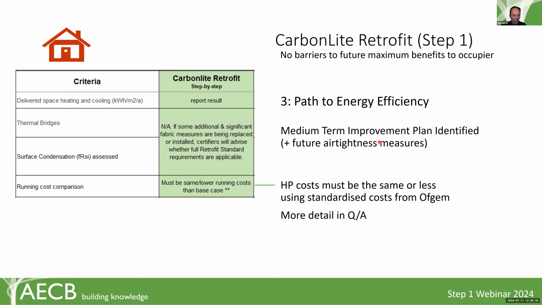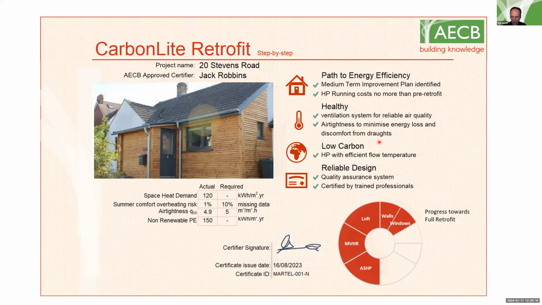And to look at all those things together, let's see how they fit on the certificate. The final designer certificate is still being modified slightly, so this is the latest we've got to. Let's look at those things. Low carbon: on the right hand side here, we've got a list of those points that we were making in terms of everyday language.